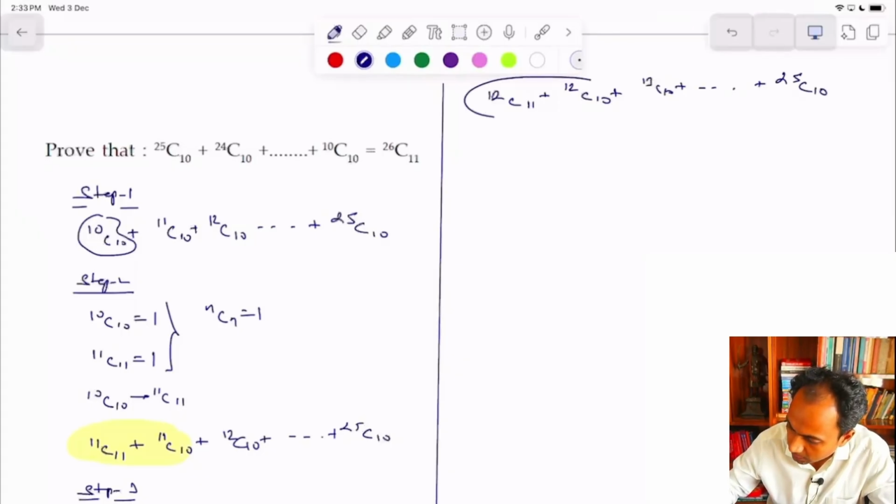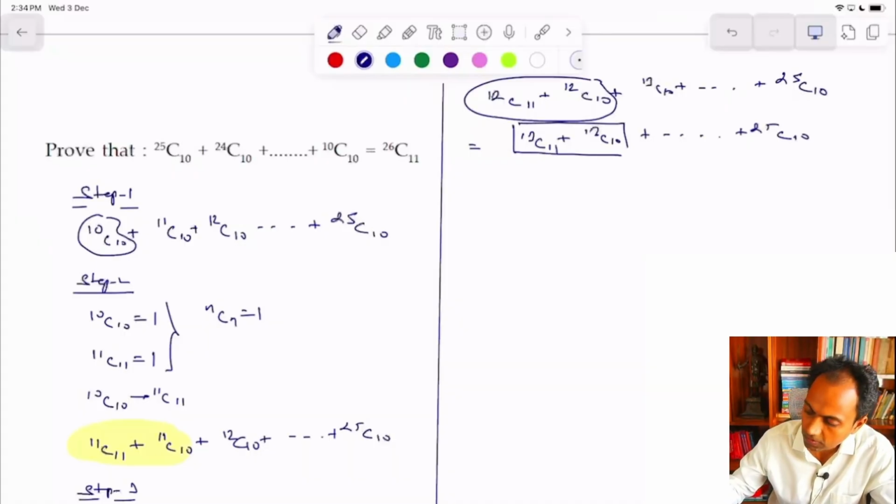These first two terms, again we can apply the same formula, and now it will become 13C11. And there is a 13C10 waiting for it. You can see that the series is getting compressed from the front end.